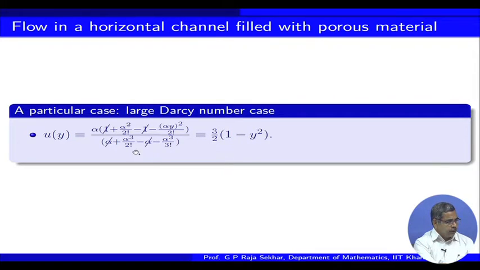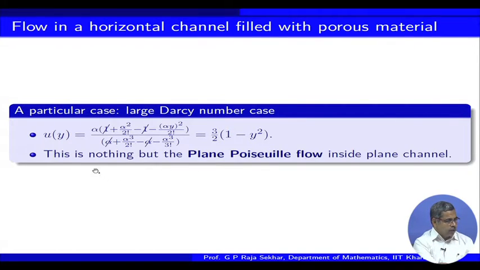If you take the limiting case of alpha going to 0, what we get is exactly the plane Poiseuille solution. So, for large Darcy number, the solution gives this. That is the limiting case, one can verify very easily.